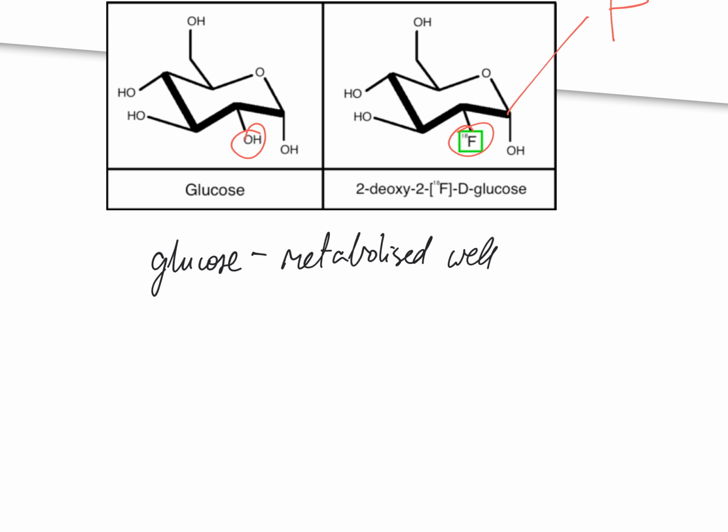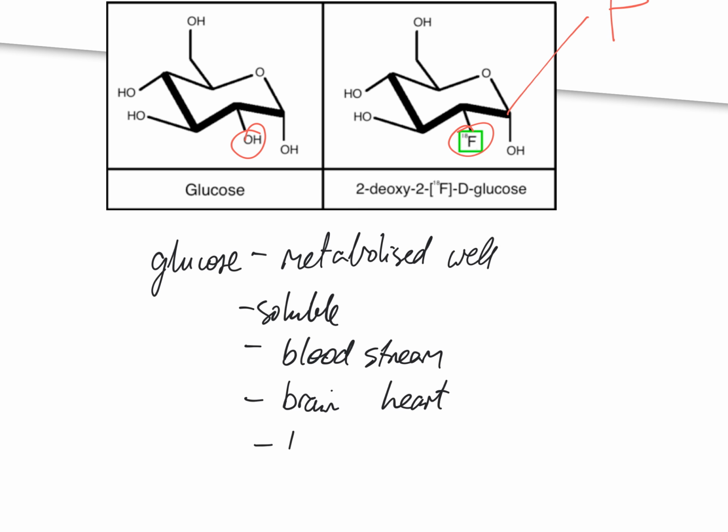Most cells take it into the body. It's soluble, moves around in the bloodstream very easily, and it's readily taken up by tissues such as the brain and heart, but also tumours, because they're using more fuel, or more of the raw materials needed to grow. Glucose is one of those.